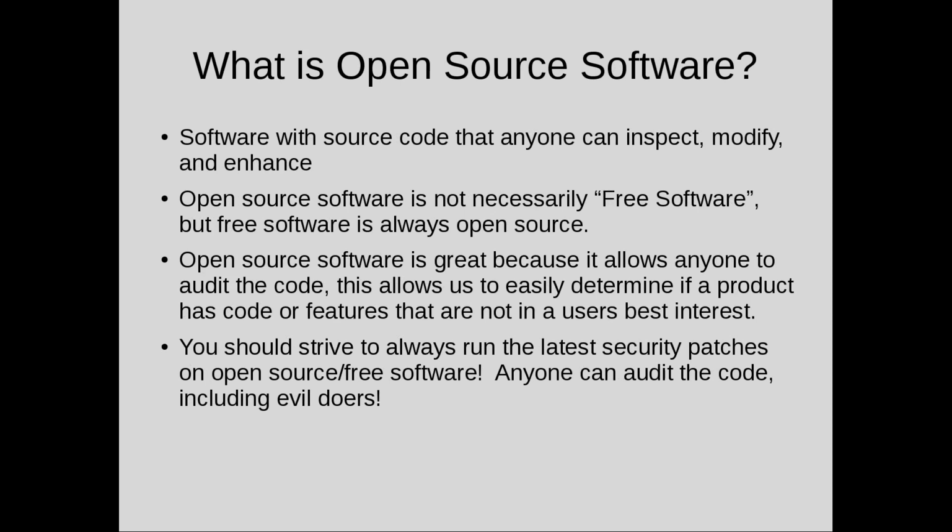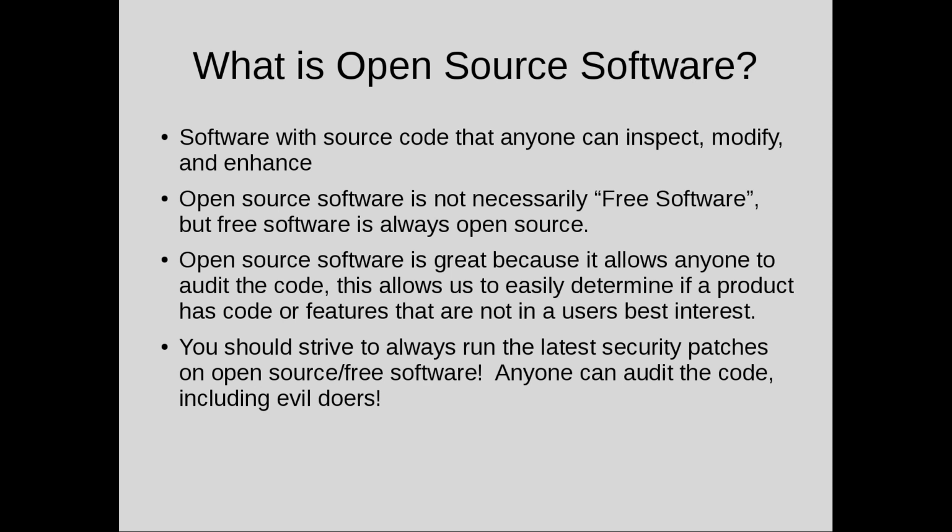So what is open source software? Open source software is software with source code that anyone can inspect, modify, and enhance. Open source software is not necessarily free software, but free software is always open source, because the source code has to be distributed with the software in order for it to be considered free software. Open source software is great because it allows anyone to audit the code.